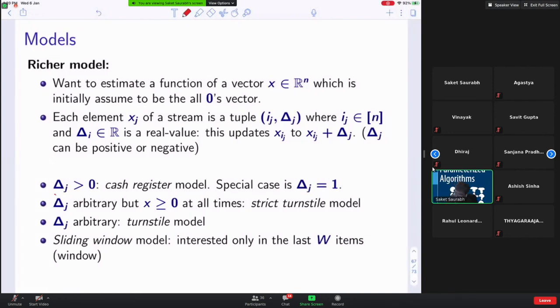If delta_j is always greater than or equal to 0, this is called the cash register model. It's called cash register because if you look at a grocery shop person's register, it's never negative, it's always greater than or equal to 0. A special case is when delta_j equals 1. What I mean is that updates are always non-negative. But there's another model where delta_j is arbitrary, so an update could be negative, no problem. But the vector x is always greater than or equal to 0. This is called the strict Turnstile model. So for example, look at graph algorithms.